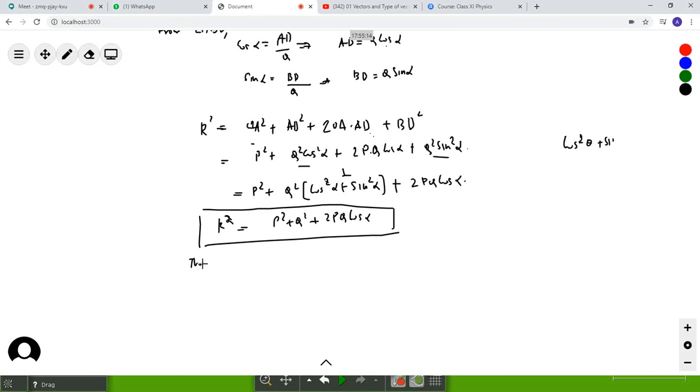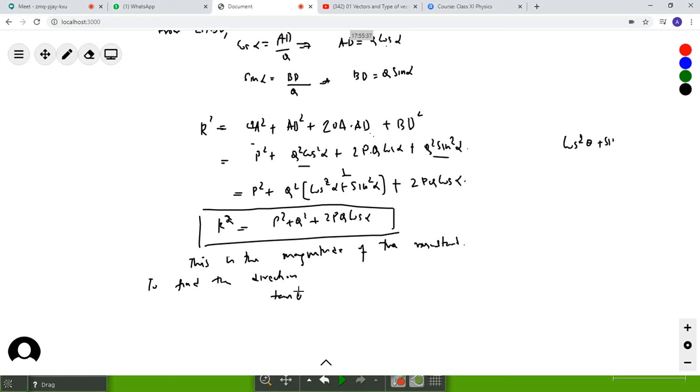What about the direction of the resultant? To find the direction, theta gives the direction.